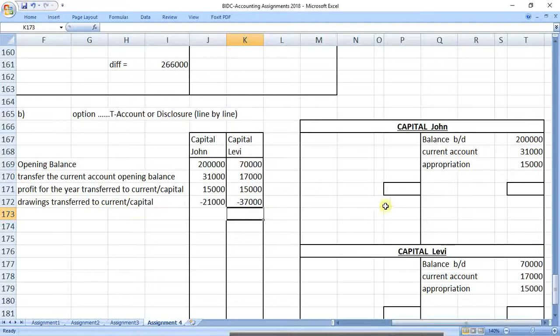So that's the drawings. If I'm looking at the T account, I would have put drawings here, and I would have put drawings there for each of the partners. 21,000 there, 37,000 there for Levy. What's next?